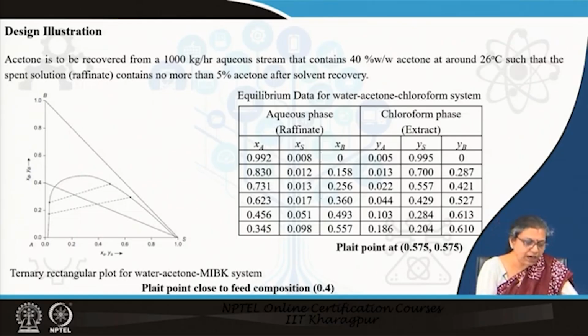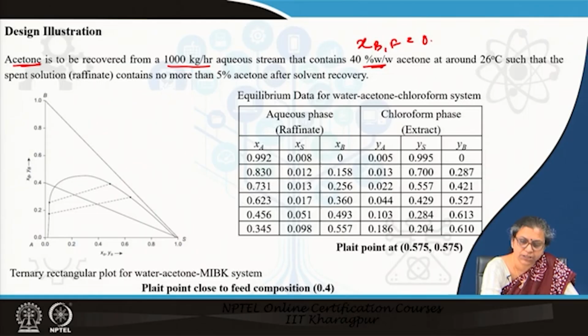So, I have given a particular design problem here for you to try, where we need to recover acetone from 1000 kg per hour of an aqueous stream which contains 40%. So, therefore, XBF equals 0.4, and we would like to go for XBRN equals 0.05.